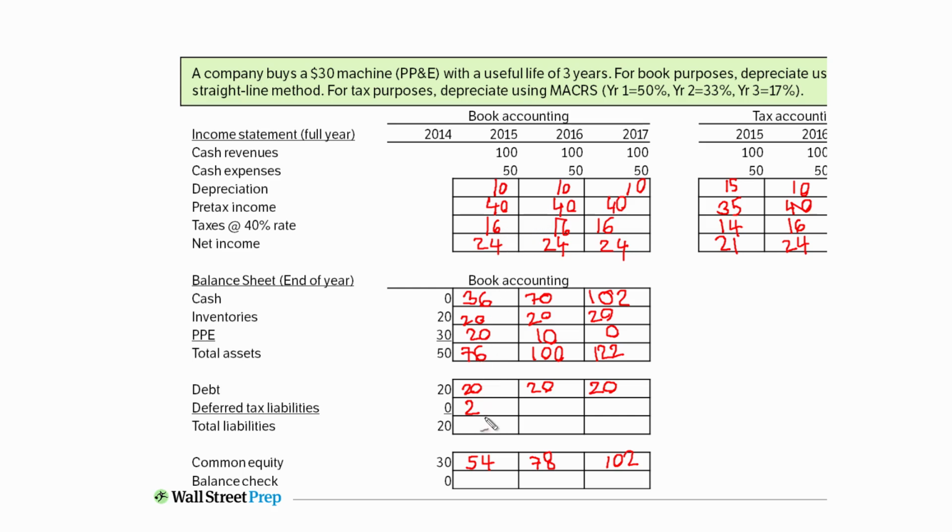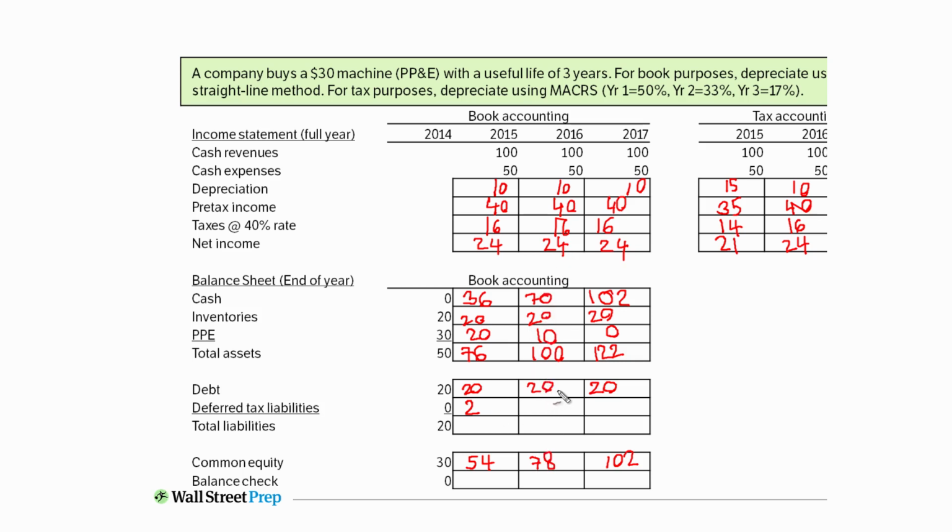And that means that from a book purposes standpoint, because it's a temporary timing difference, we recognize the 16 book purposes tax expense, but we also recognize that there's a liability that going forward, because we did not actually pay our full expense, at some point down the road, we are going to owe an extra 2 to the IRS than we are going to show. And let's see how that plays out.